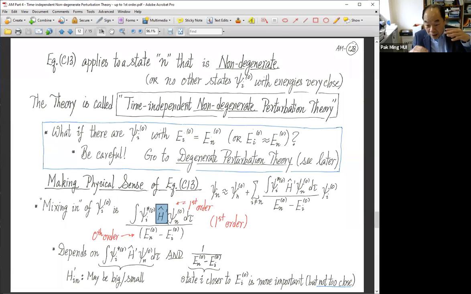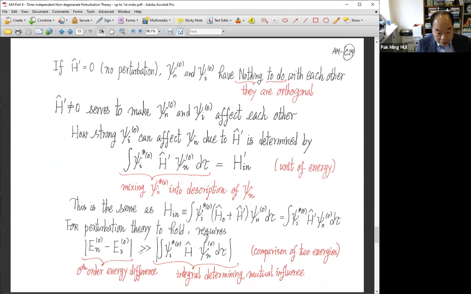We cannot just say very close, be careful. Maybe the numerator is 0. That's fine, right? Okay, so it is this comparison between the matrix elements up there and the energy difference down there that really matters.